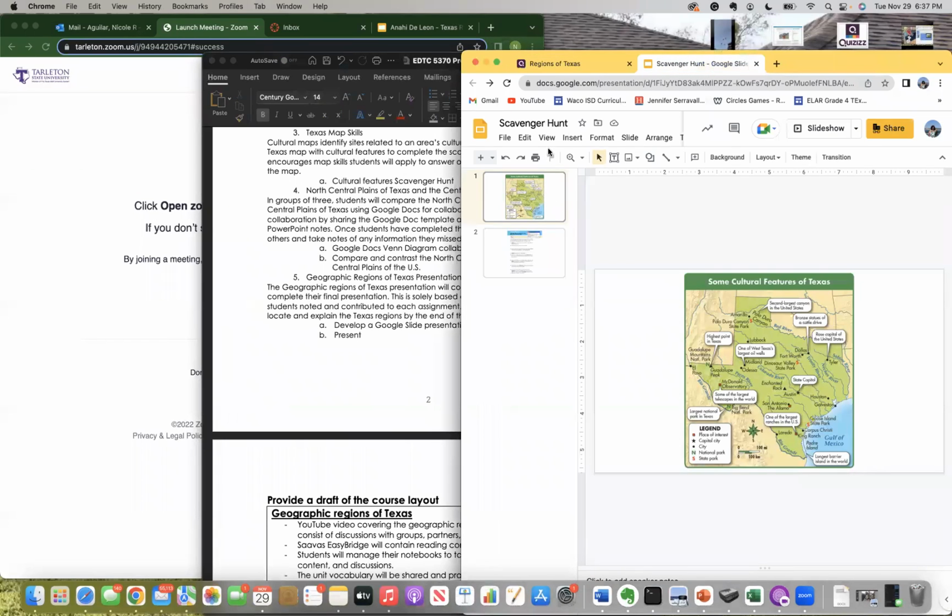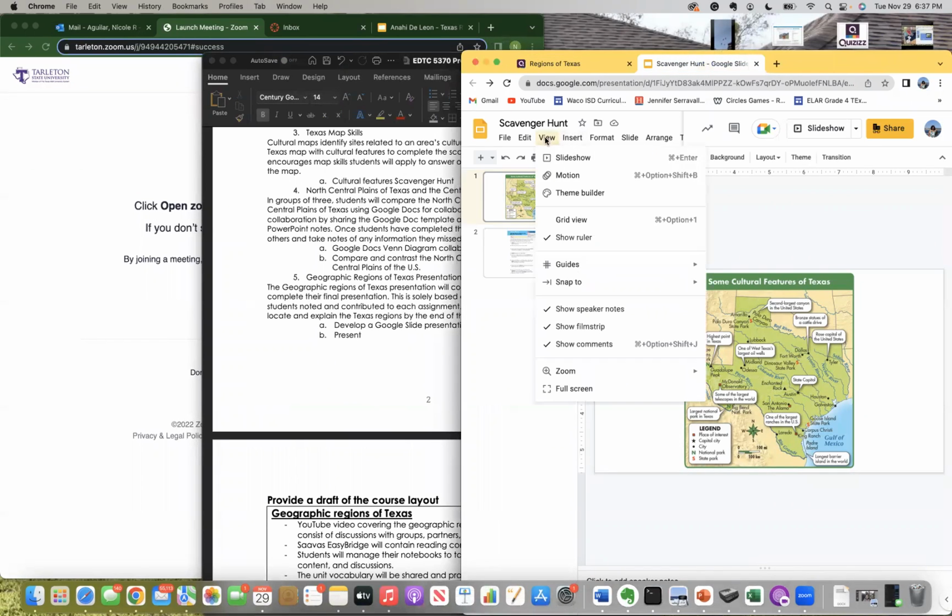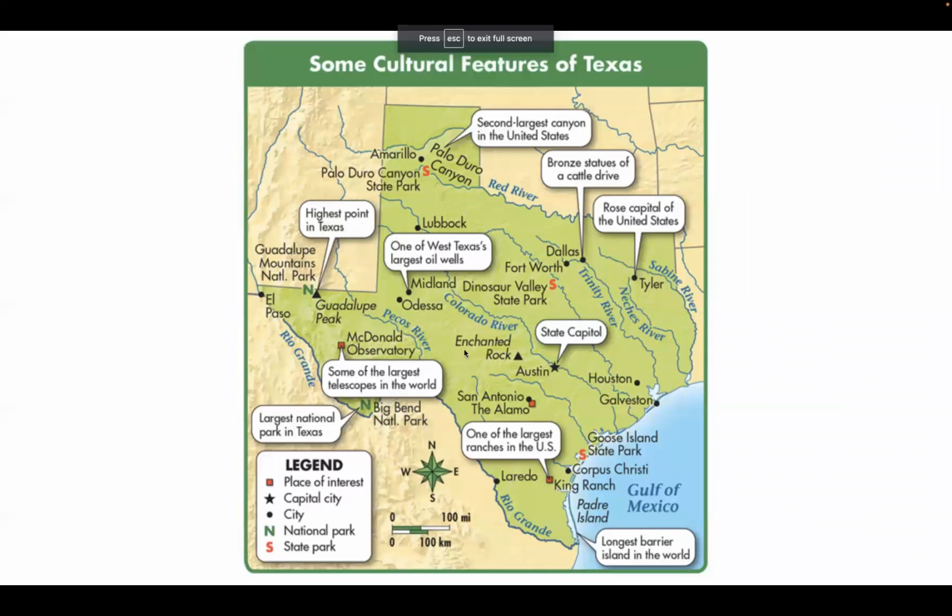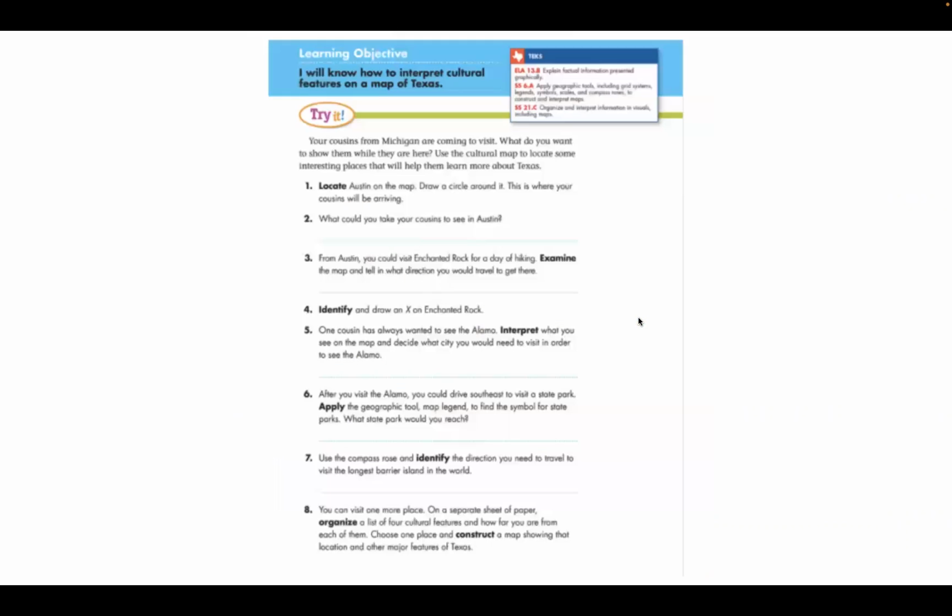So the scavenger hunt here, this is the map that the students saw. It's of Texas. It has the capital city, national parks, state parks. And then these are the questions that students used as their scavenger hunt. So they had to locate Austin on the map.